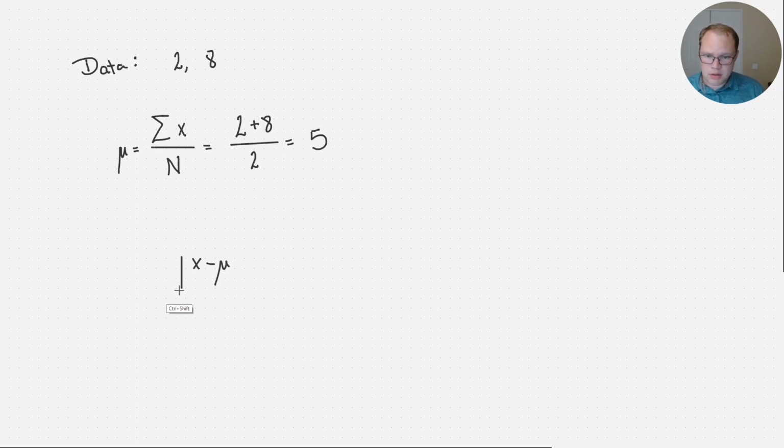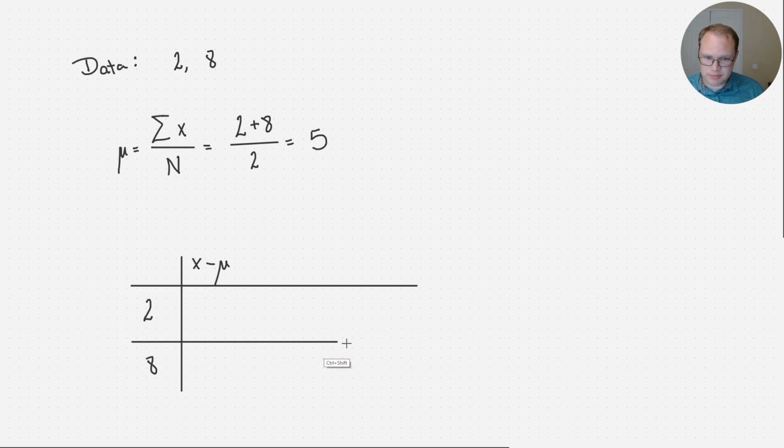Let me make a little table here; I think it'll make things a little easier to see. We're going to do this for our two values, 2 and 8. For the 2, that means we have 2 minus our mean of 5. And for the 8, that's 8 minus our mean of 5. So we do this for each data value we have.